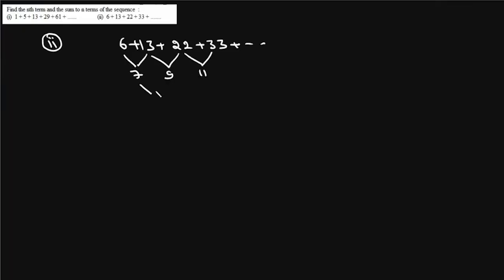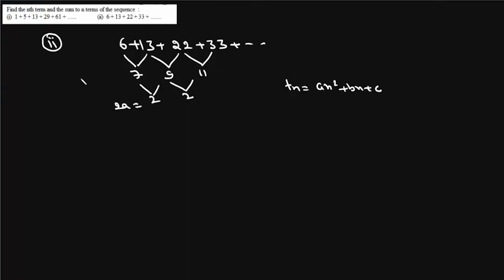Now this second question is, we need to find the sum of this series and its nth term: 6, 13, 22, 33. Now here the differences are 7, 9, 11. Now the difference of differences is constant. We know that its nth term will be an square plus bn plus c. Now we'll use the shortcut.